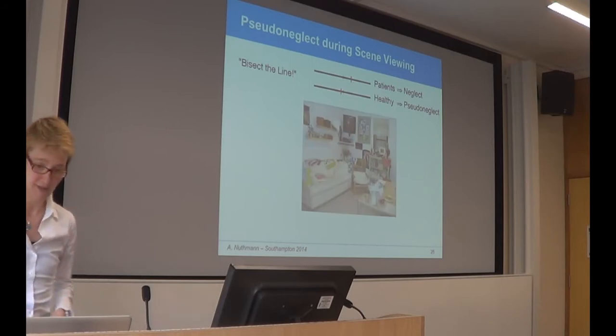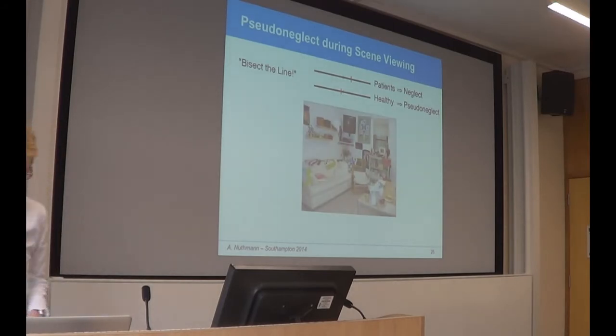We wanted to look at this in the context of scene viewing. In a typical scene viewing experiment, observers initially fixate the center of the scene, from which, in theory, they could go anywhere, left or right.